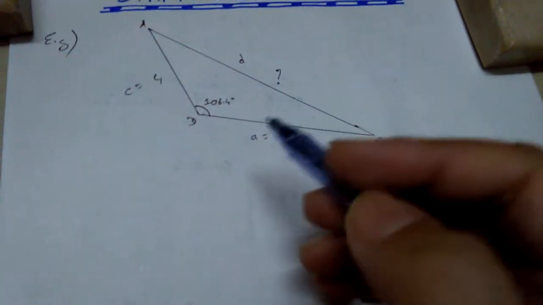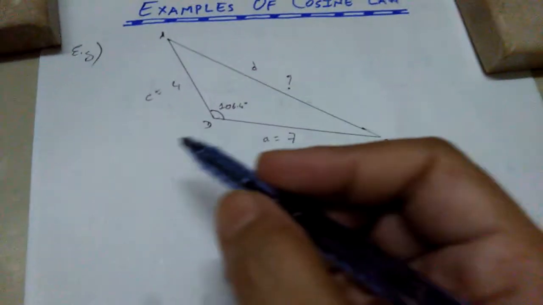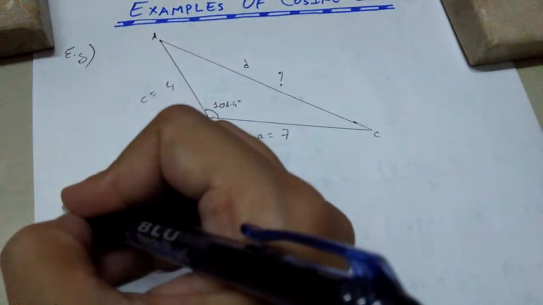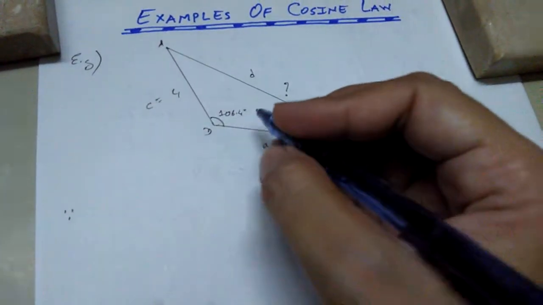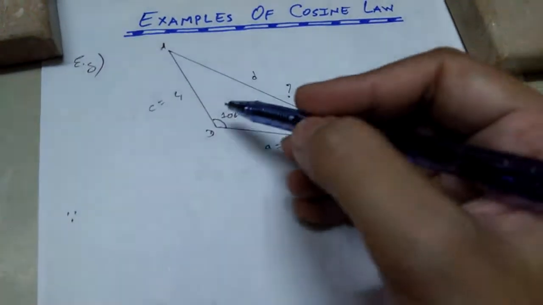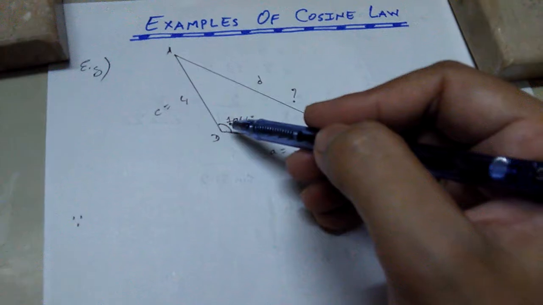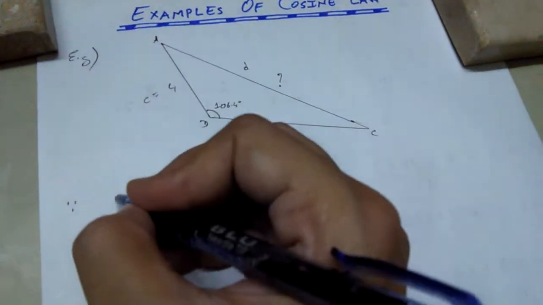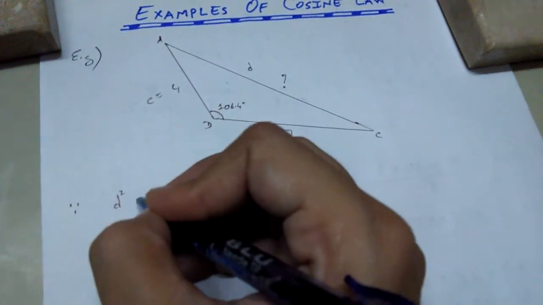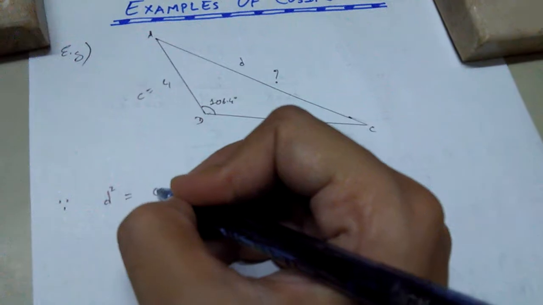Now we have to find this side, the value of d. So we are going to use the cosine law. Remember that the side whose opposite vertex cosine is mentioned in the formula, that side is written as the subject like this, and for the remaining two sides you just take the sum of their squares.